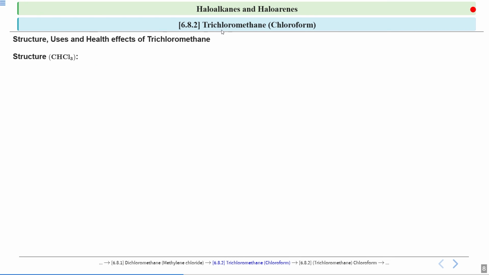Now, let's see the next polyhalogen compound, trichloromethane, or you can call it chloroform. It is our next section, 6.8.2. The structure of trichloromethane has the formula CHCl3, which means one carbon and three chlorine halogen atoms, as the name says.